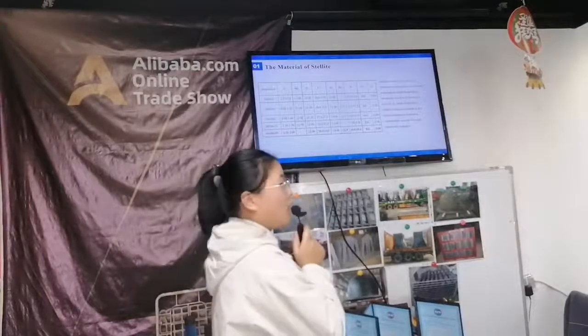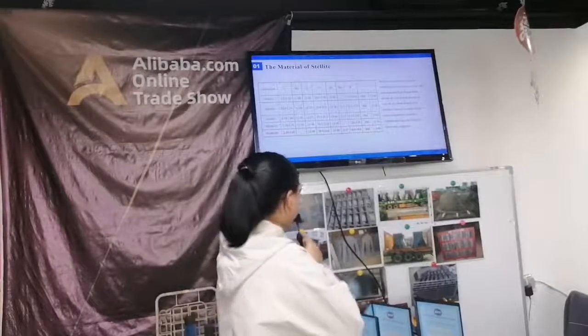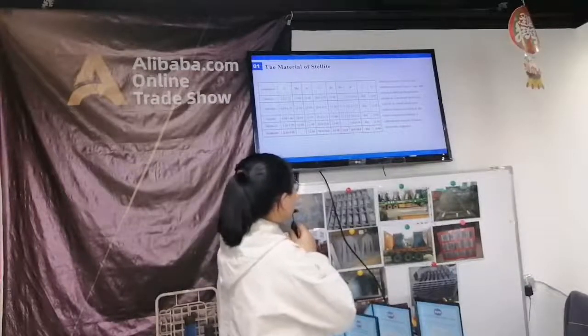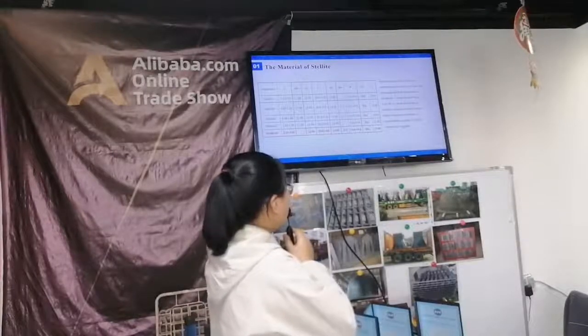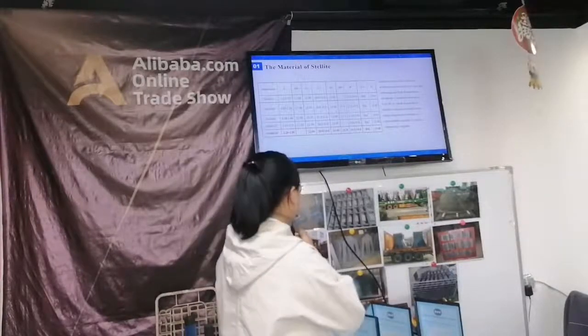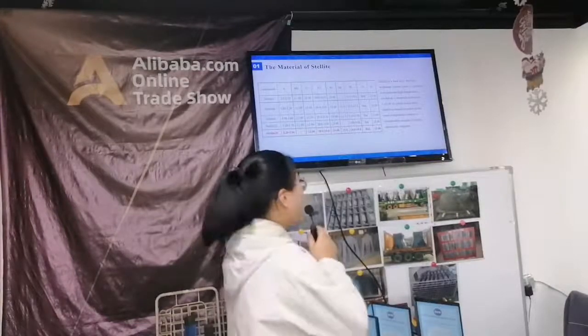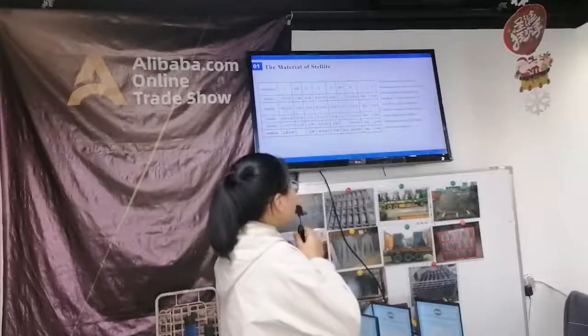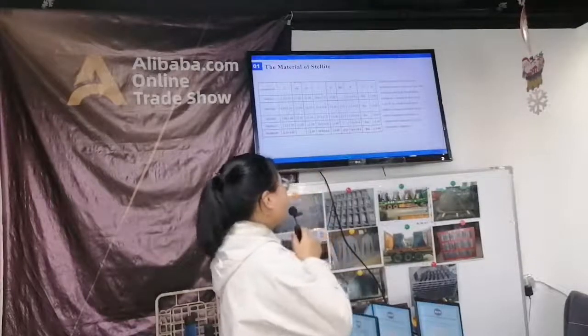For example, Stellite 1: carbon is 2.0 to 2.7%. Manganese is less than 1.0%. Silicon is less than 1.0%.